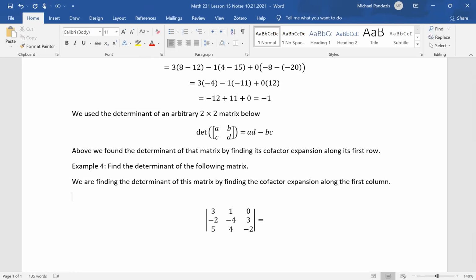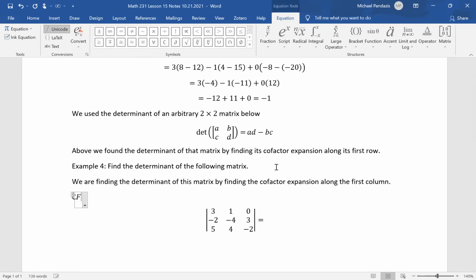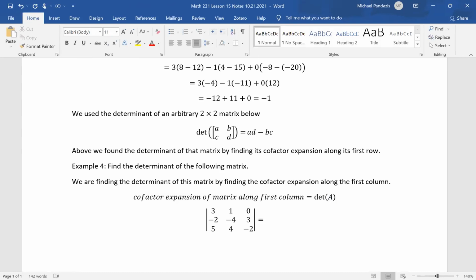The cofactor expansion of the matrix along the first column is equal to the determinant of that matrix, and so that's why we're finding it.